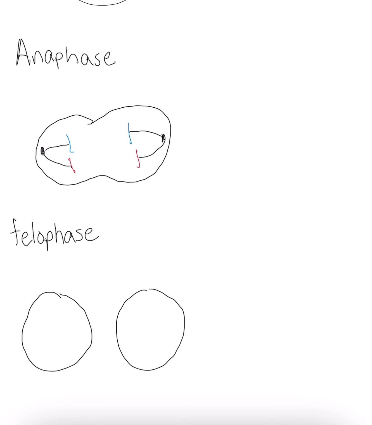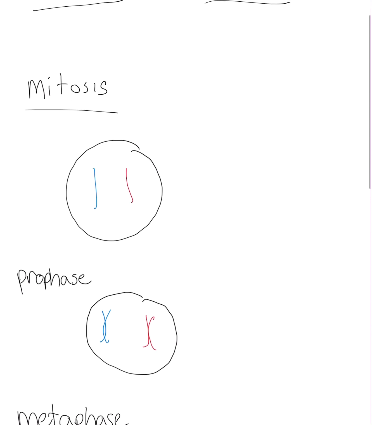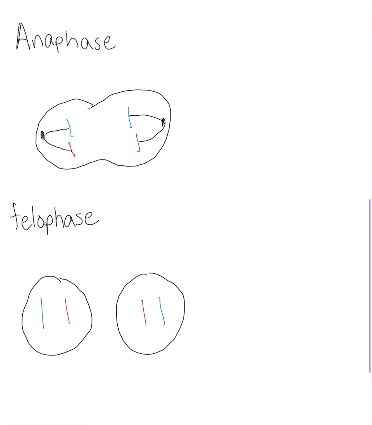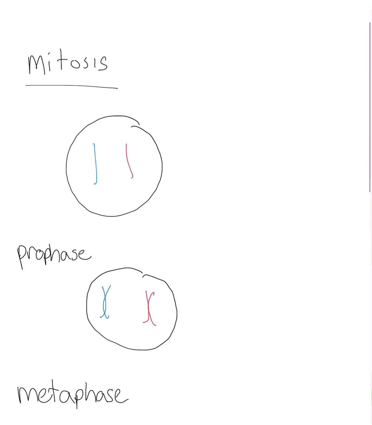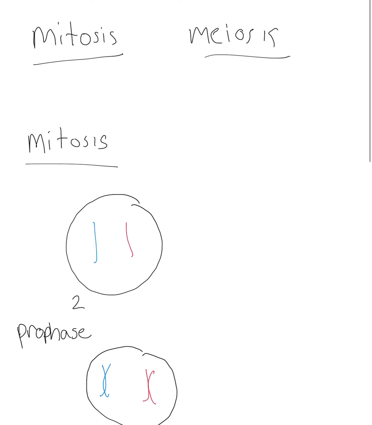The two new cells are separated with their own chromosomes. They are an exact replica of the mother cell. Got your blue and your red. 2N, 2N, 2N.